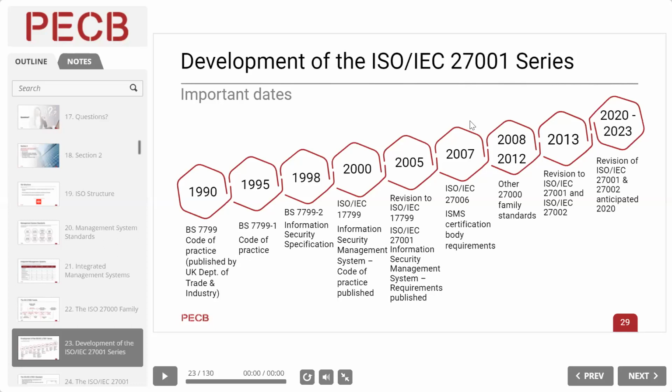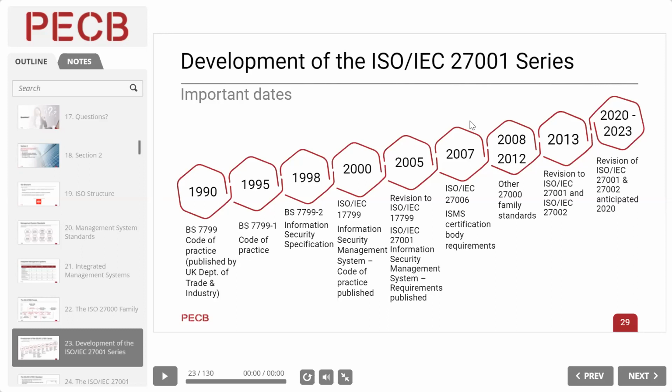Then it has been developed over the years, and in 2007 they reorganized the family and renamed it 27000. Then the family started. Periodically these standards are updated. The current version is 2013, and the previous version was 2005.